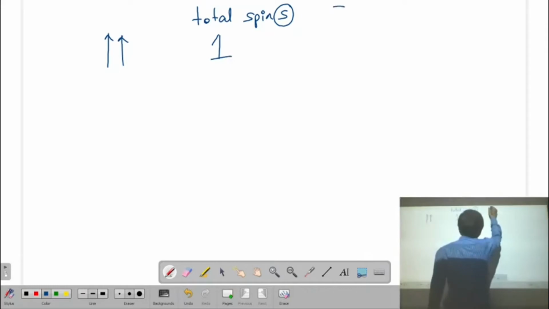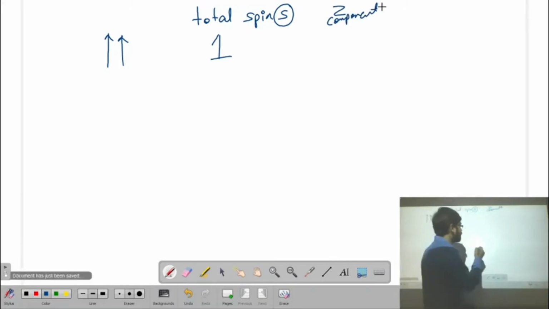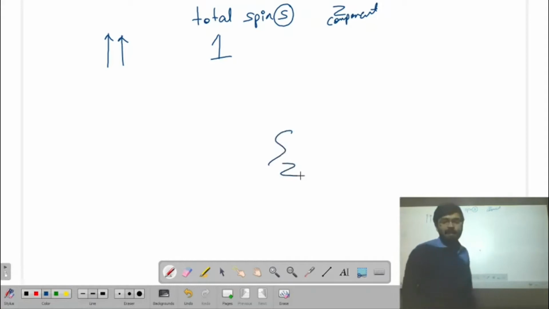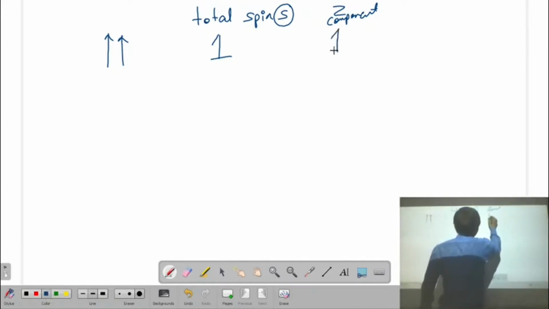Don't get confused, some textbooks may use a different symbol to represent the z component, but that is one and the same. So the z component will be +1.